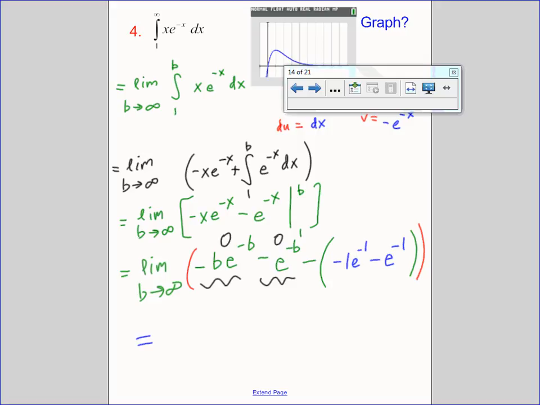I'm getting negative 1 over e minus 1 over e is negative 2 over e times the negative out front. I'm getting in 2 steps positive 2 over e. Once again, opposite of negative is plus a positive 1 over e, plus a positive 1 over e is 2 over e.